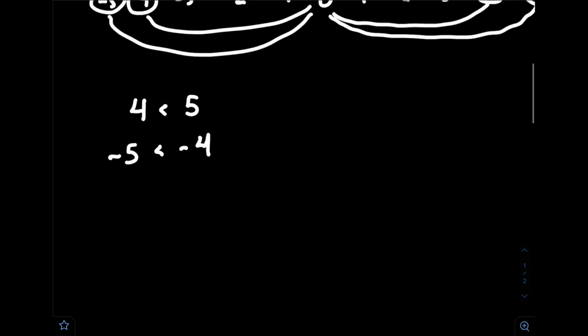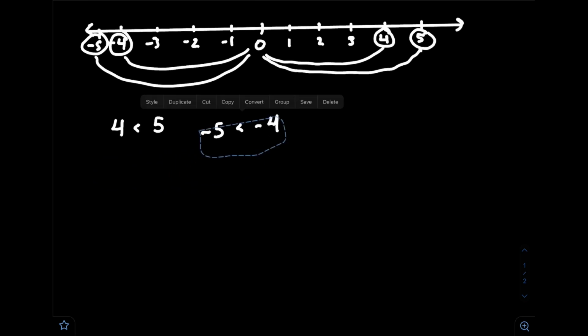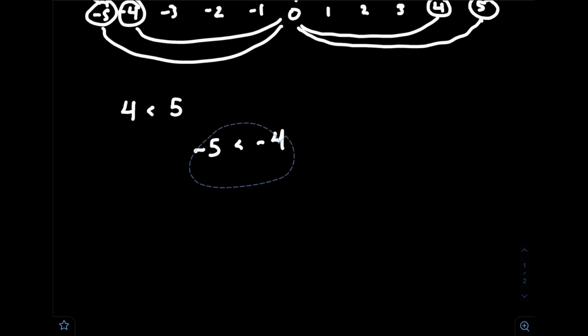Anyways, looking at these two inequalities, 4 is less than 5 and -5 is less than -4, we notice some things. One, I'll put them right close to each other, the way they were originally. You have the same kind of numbers, 4, -4, 5, -5. The only difference is the negative signs.